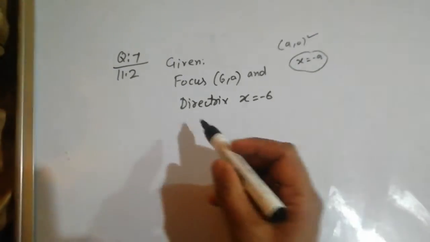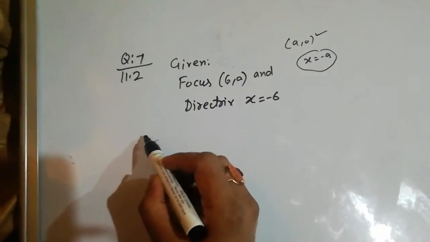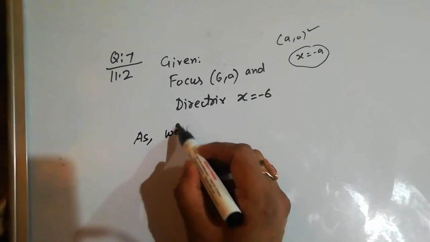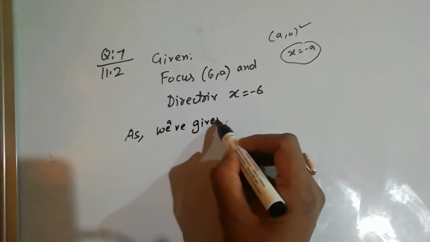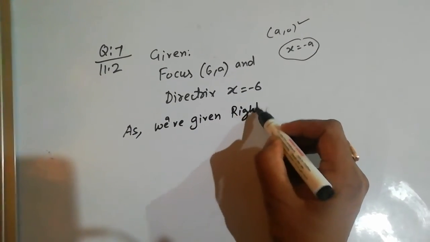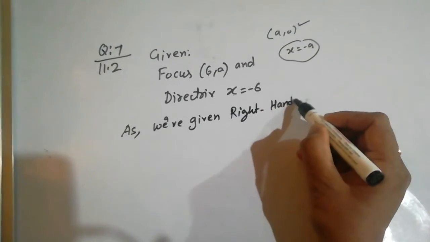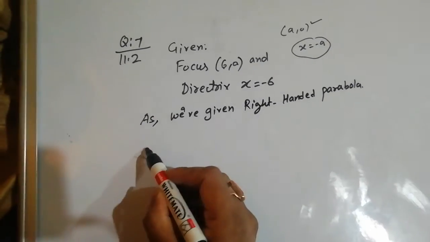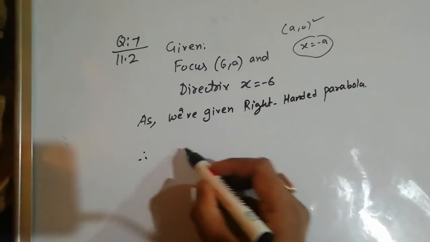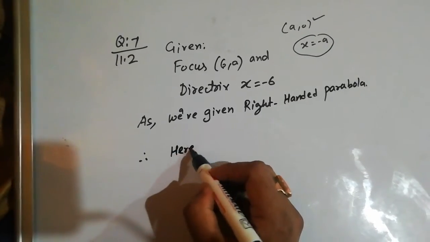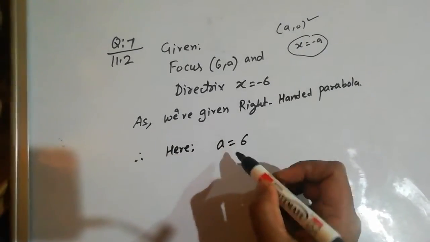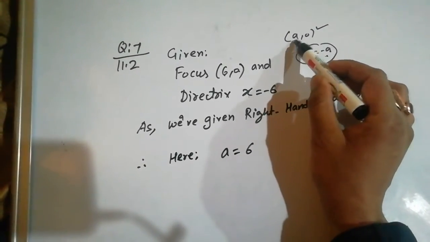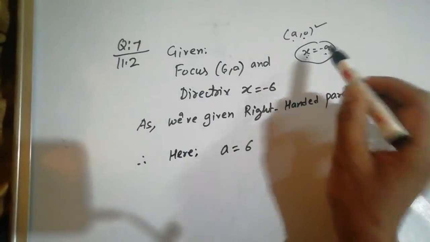So here we can say, as we have been given a right-handed parabola, therefore here a is equal to 6, because after comparing, either with x equal to -a or with a comma 0, you will get the value of a as 6 only.